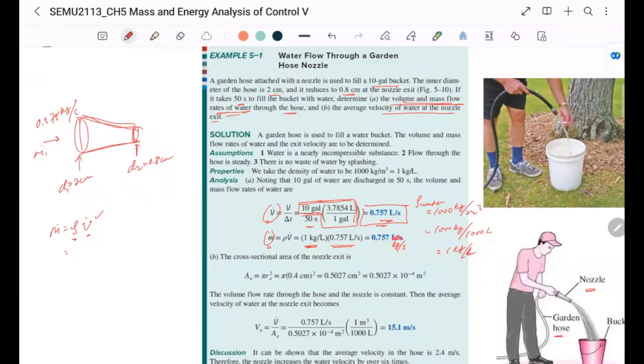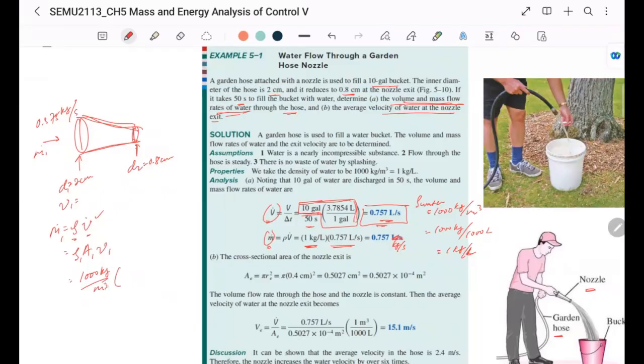What about the velocity? If you want to find out the velocity inside the hose, that would be m dot equals rho A V1. Density of water is 1,000 kg per meter cube.